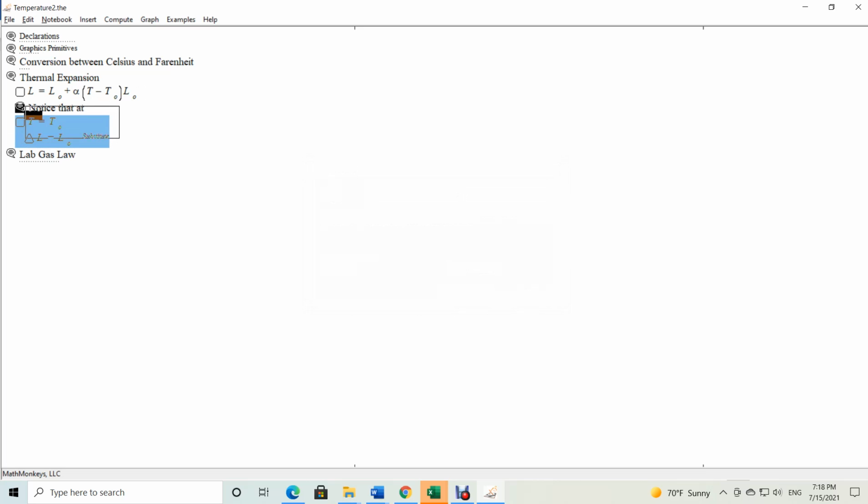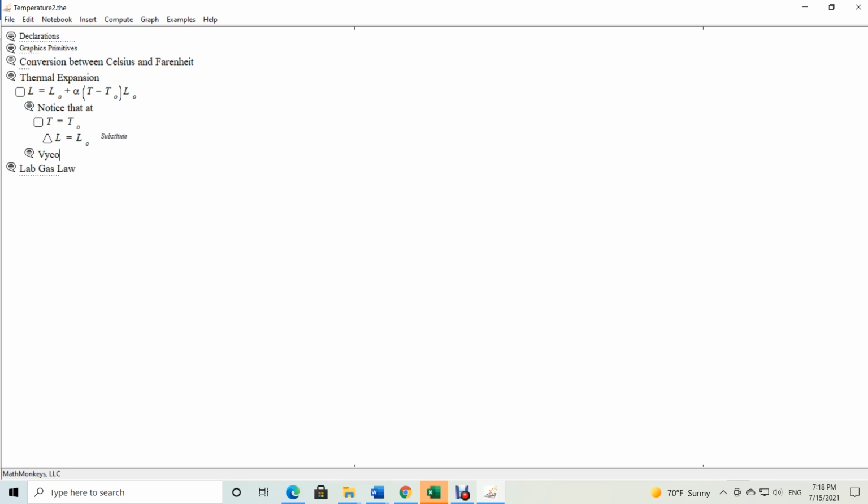So this equation is consistent with what we assume. But now we are going to do it for a 5 degrees difference. The temperature is going to increase by 5 degrees, which is 5 kelvins, by the way. And we are going to do it for each of those materials, each of those substances.